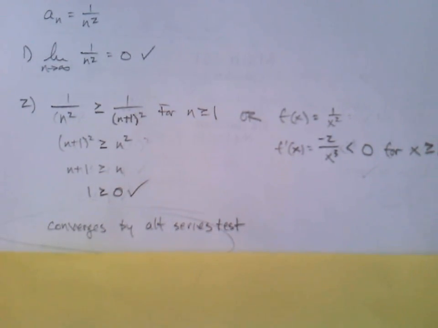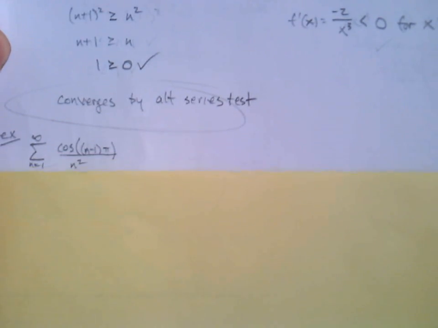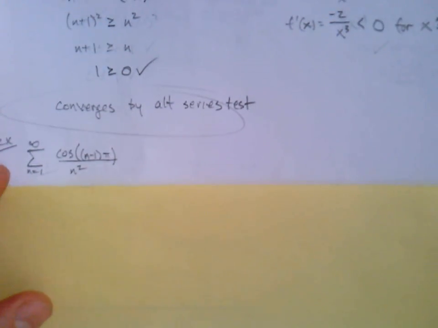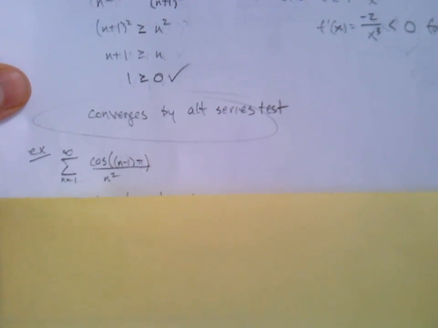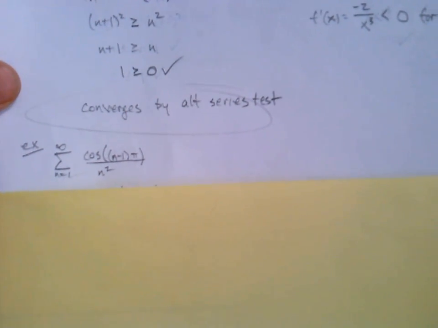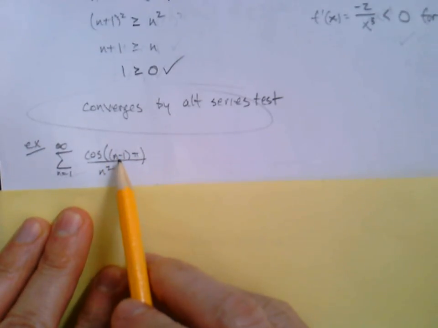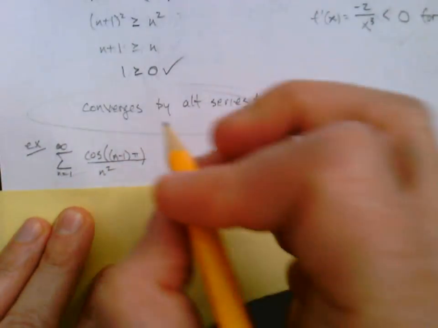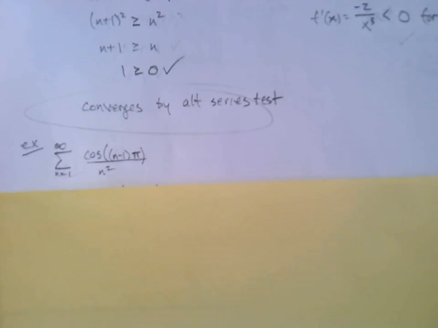Okay, I want to pause here and present. We won't go through the full example, but what if you saw something like this? The sum from n equals 1 to infinity of the cosine of (n minus 1) pi over n squared. What's that going to be?